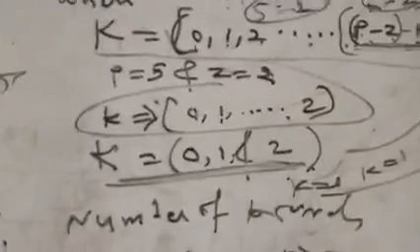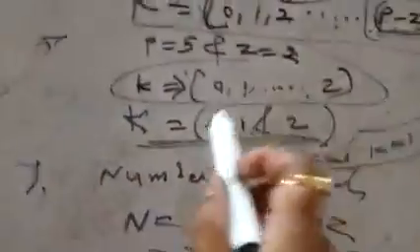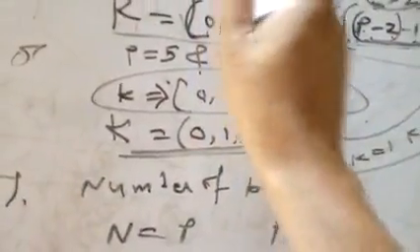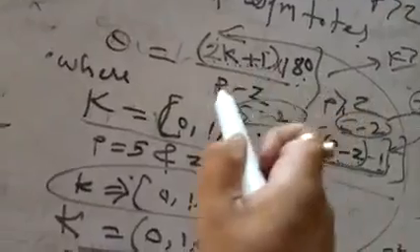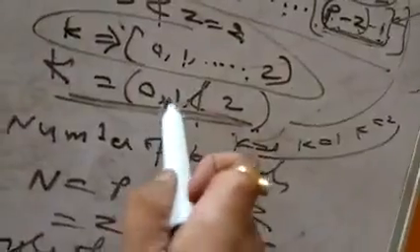So first put the value of k. K is equal to 0. So 0 plus 1, 1. 1 into 180, 180. So 180 divided by 3. So this is the first angle. Similarly, determine the second angle for k is equal to 1 and k is equal to 2.